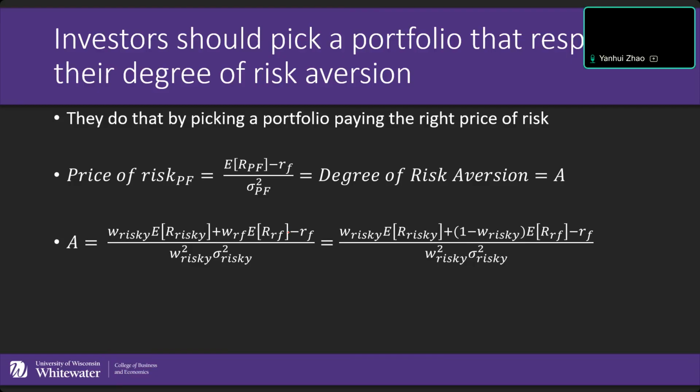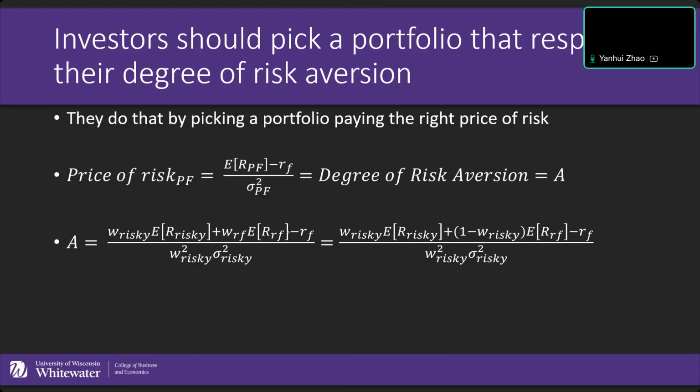What we're going to do is get rid of the weight on risk-free in the numerator, because we know that this is a complete portfolio. Do you still remember the definition of a complete portfolio? What is a complete portfolio? It means you invest 100% of what you have. Yes, thank you very much.